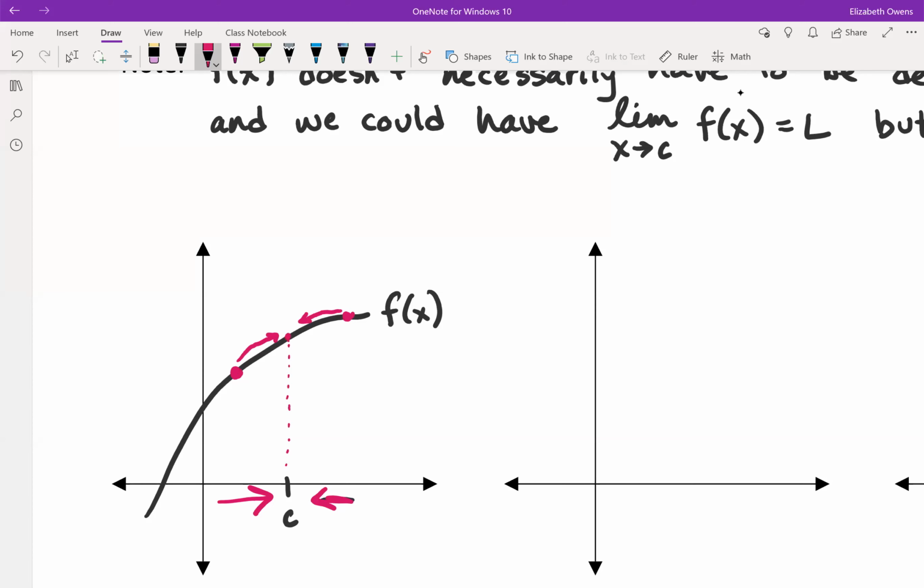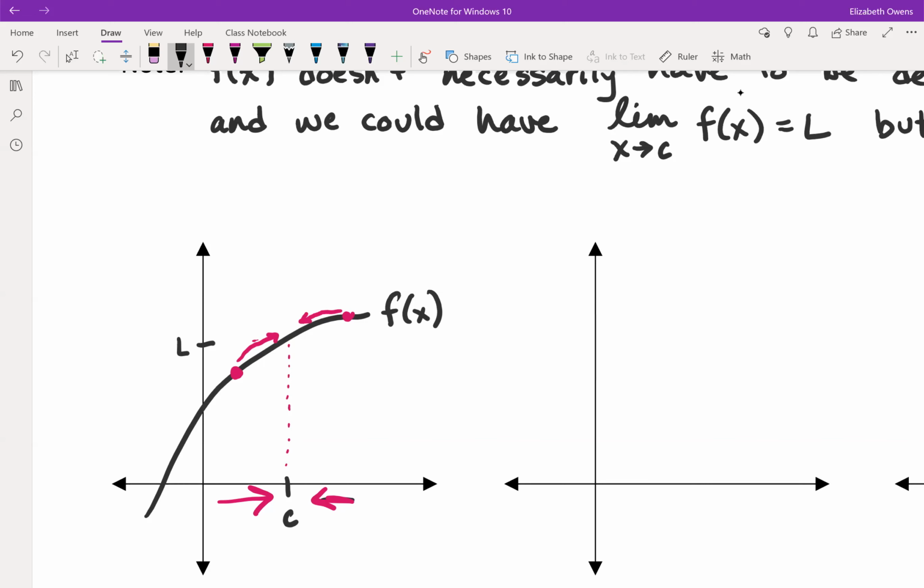All right, that would be right here. So that is our limit. Okay, cool. So the limit L would be this guy right here. Change back to the normal color. All right, so there's our limit L.